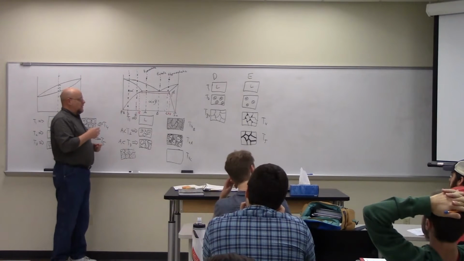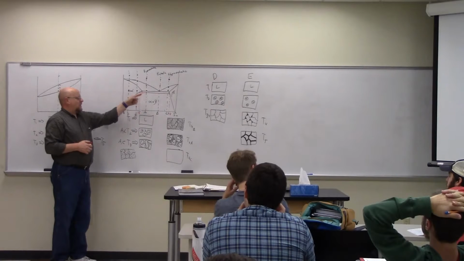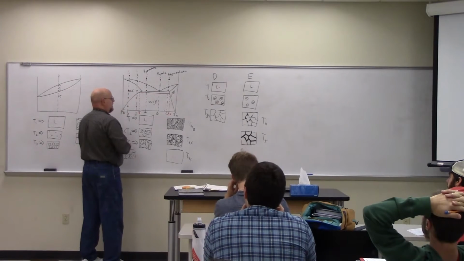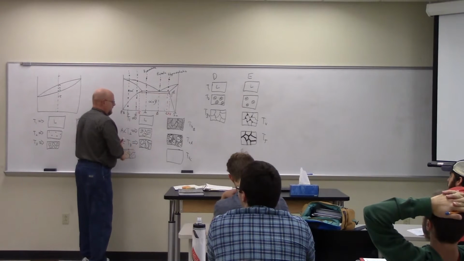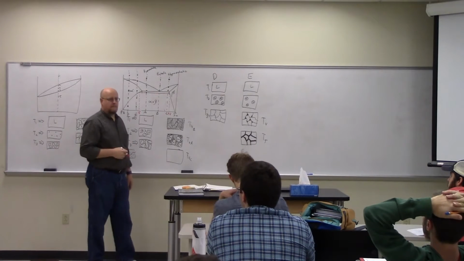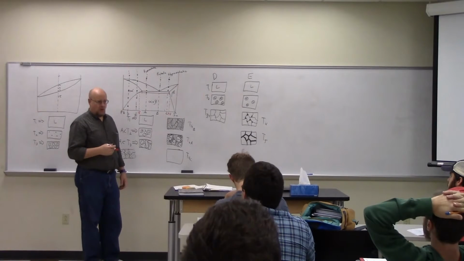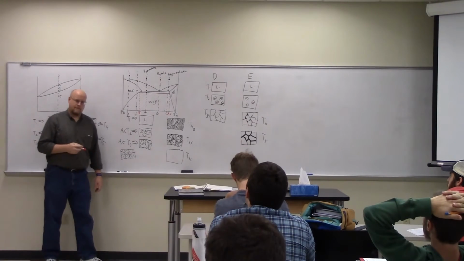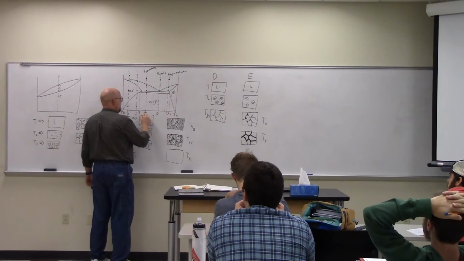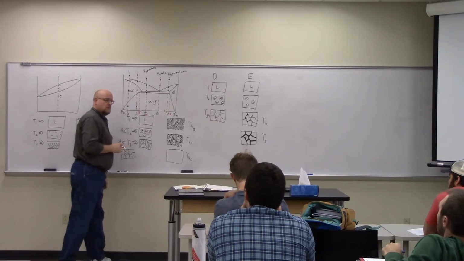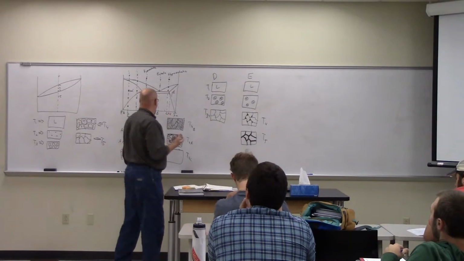So I could ask you, what do I have in this material right here? This little black dot. What's present in my material? What would you tell me? Alpha 18 and beta 98. Right? And say how much of each? Well, I need to know how to do the inverse lever rule. Let's say this is where A is at, let's say this is 30. I'm just making up numbers.